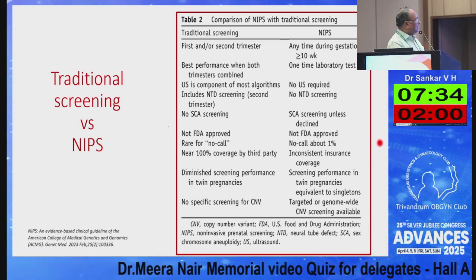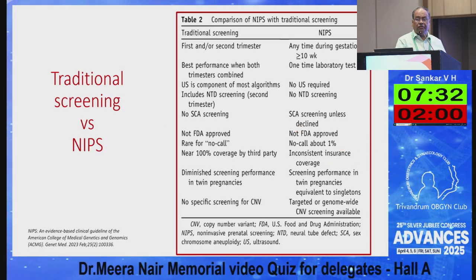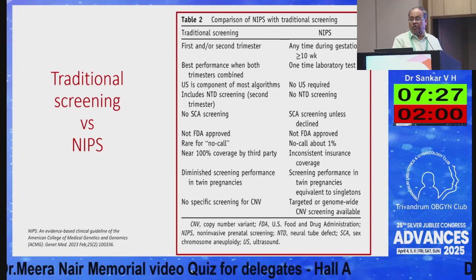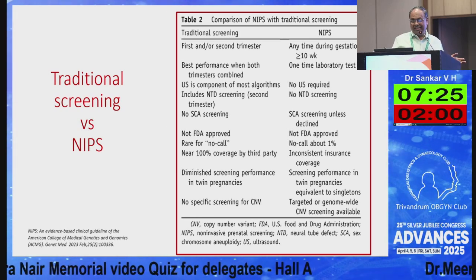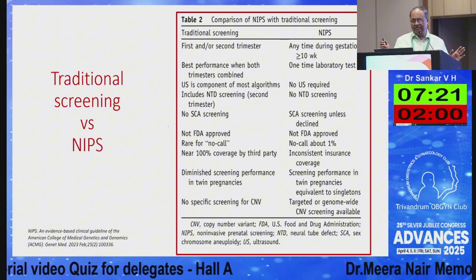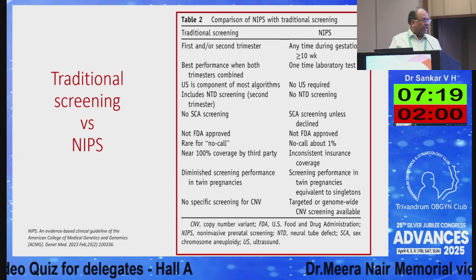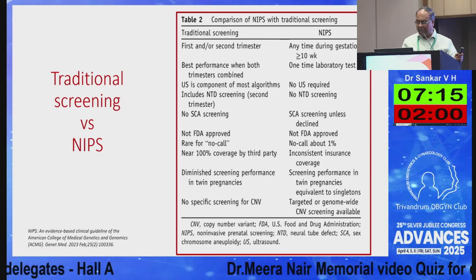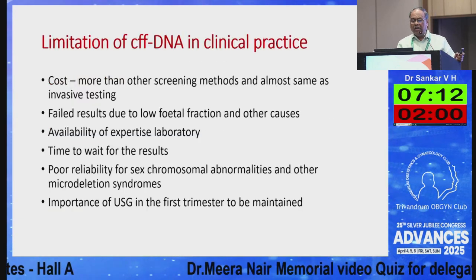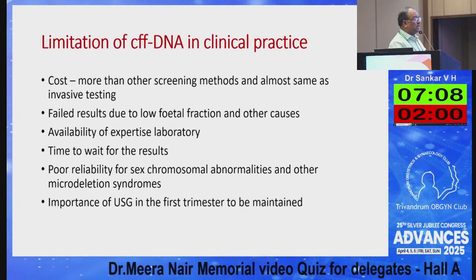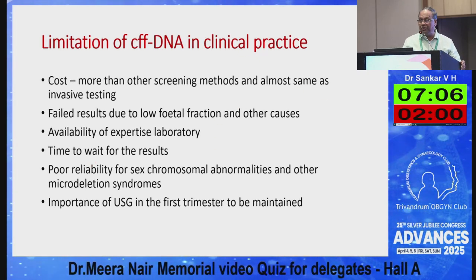But one risk is the 1 to 3% failure rate, whereas in first trimester conventional screening there is no failure. But there are some failures, meaning the test will give you no results, no call, nothing. So there are some advantages and some disadvantages. But generally, NIPS has a better detection rate than this. But there are so many limitations, like cost, which is more than other screening methods and almost the same as invasive testing.